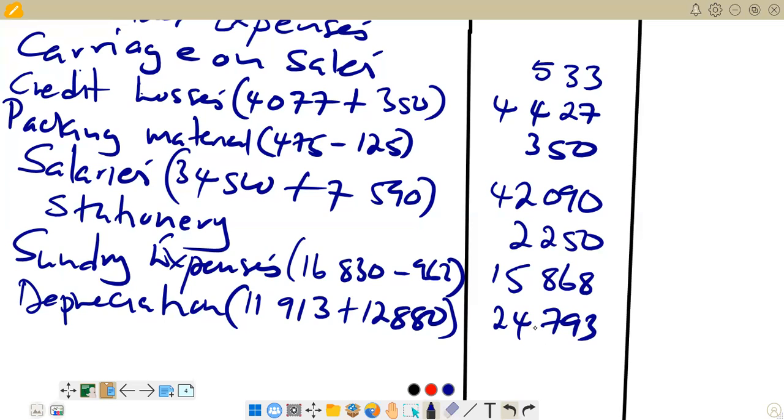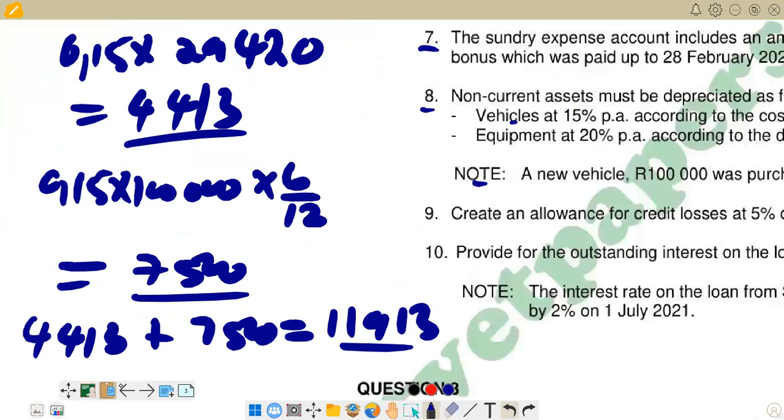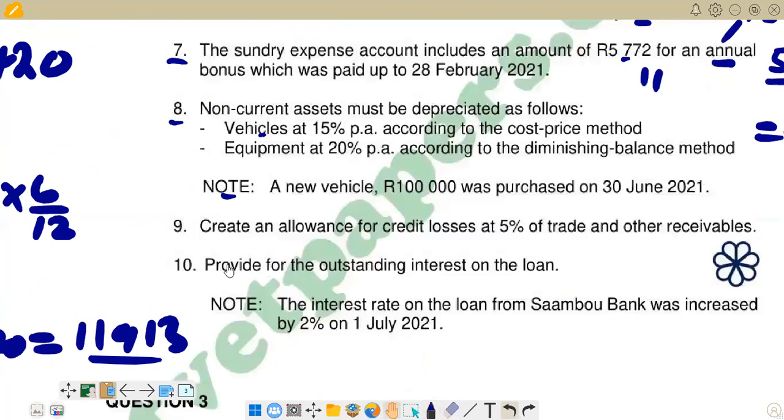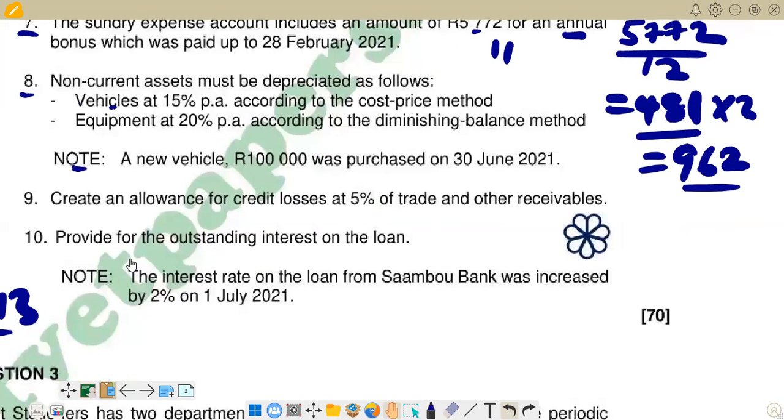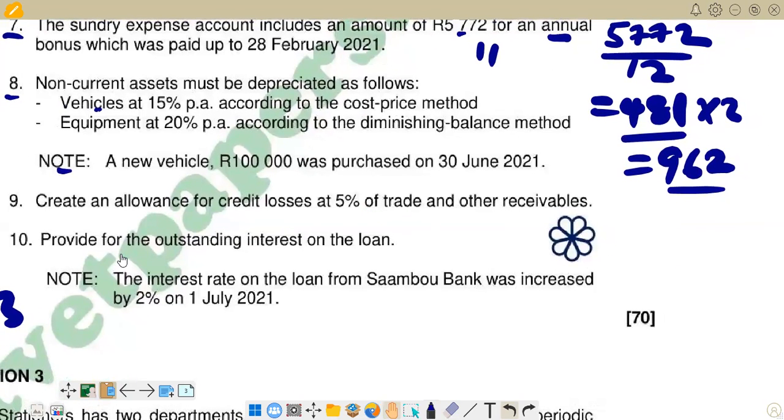And also, we go and check another adjustment. Remember, we said we are also supposed to adjust for allowance for credit losses, but this allowance for credit losses can fall under other income, or it can fall under our expenses or operating expenses, depending on the position of the allowance for credit losses.